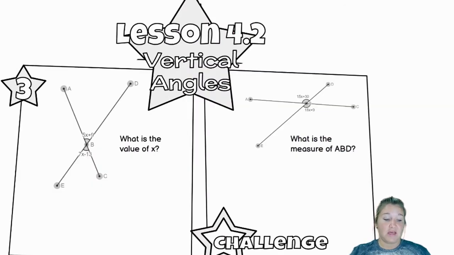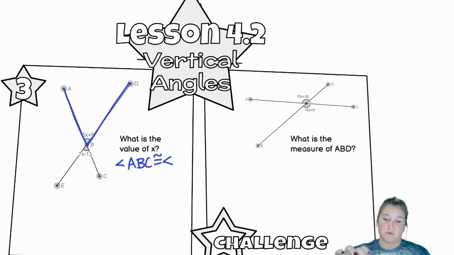And then the third and final example, we're trying to again find the value of x. So we know that the measure of angle ABD is going to be congruent to angle EBC. Their measurements are equal.